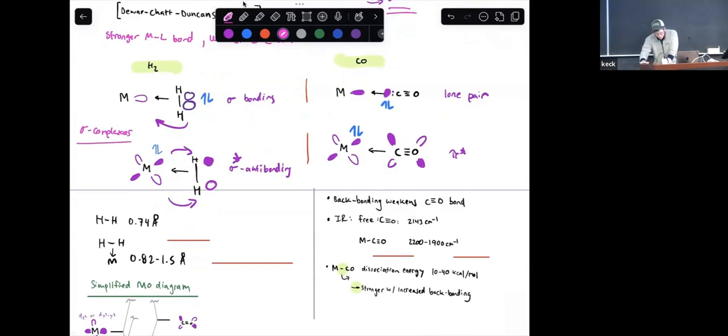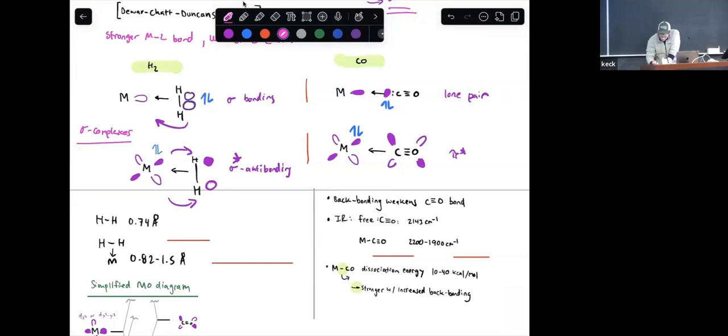This is related to a term that you may also encounter, which is called an agostic interaction. We will talk about this more later, but agostic interactions are kind of chelated or quasi-chelated structures. Sigma complexes are those where the ligand is freely diffusing otherwise.